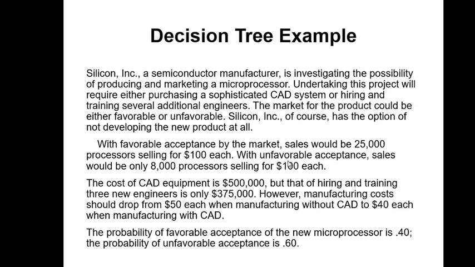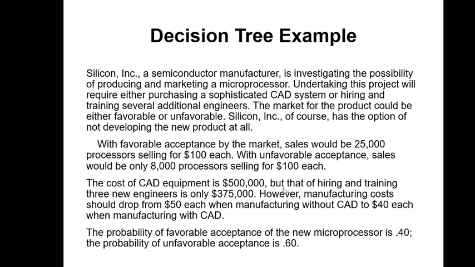Now, with unfavorable market acceptance, if the market has low sales, then we are expected to sell only 8,000 processors, also at $100 each. Now, the cost of the CAD requirement: if we purchase the CAD system, it will cost us $500,000.